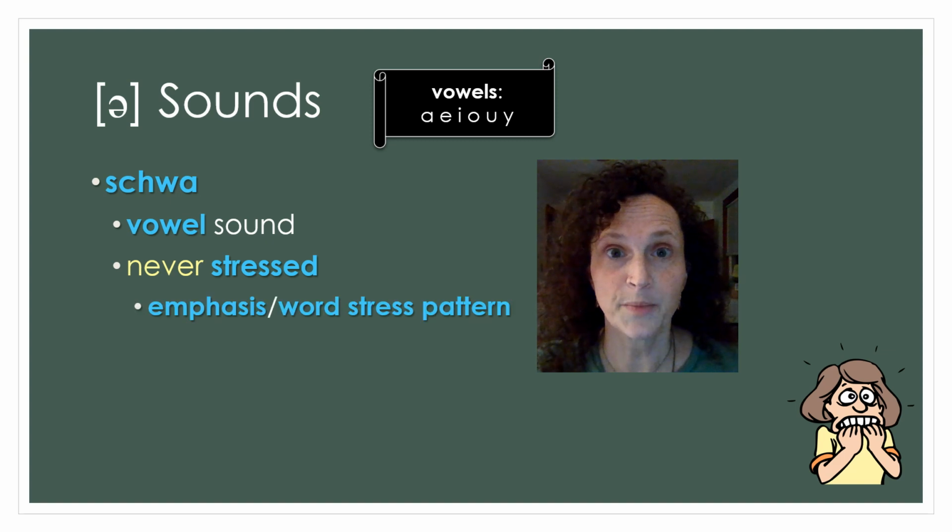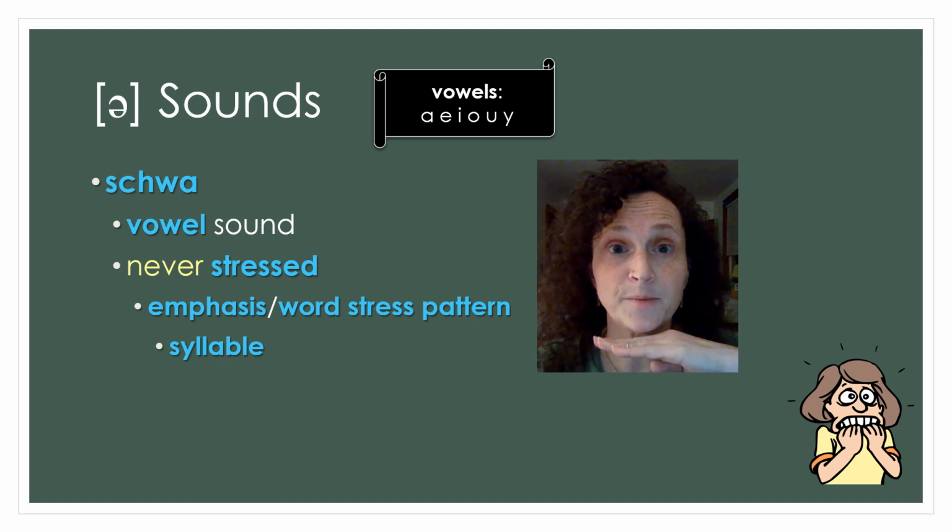So let's talk about emphasis and word stress patterns. When you're talking about word stress patterns, you're looking for the syllables. You can tell how many syllables a word has by how many times your chin hits your hand, if you put your hand a little bit under your chin.